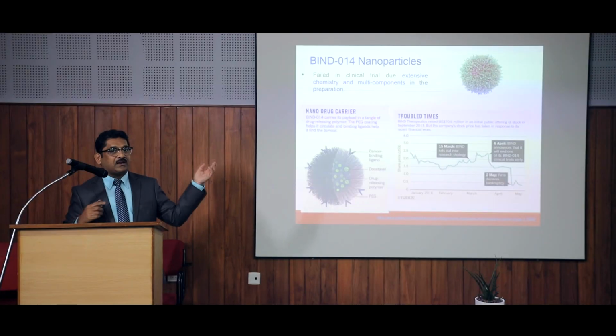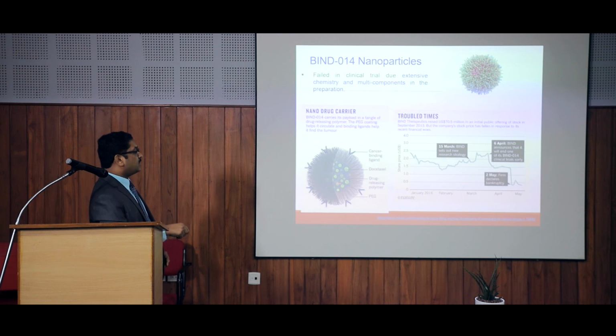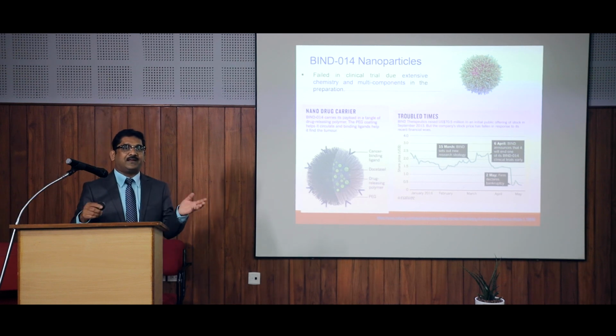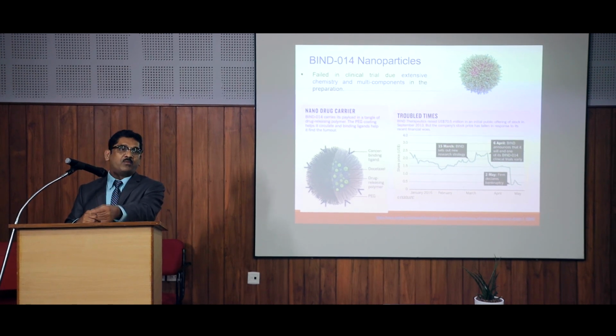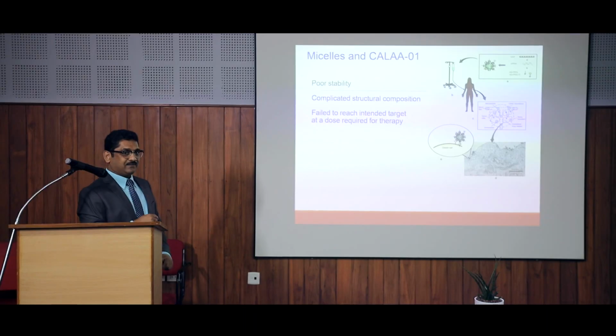If you are unable to increase the amount of drug that is going to the tumors, it's no use, right? You choose a lot more complexation strategies, but if we are unable to increase the drug amount going to the tumor cells, there is no use. That's where they have failed.